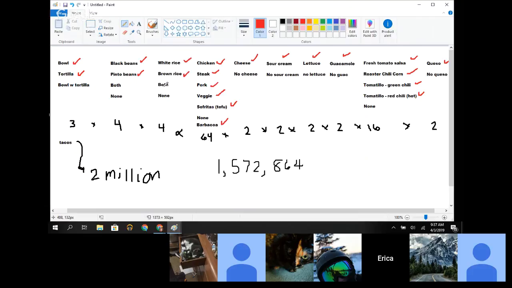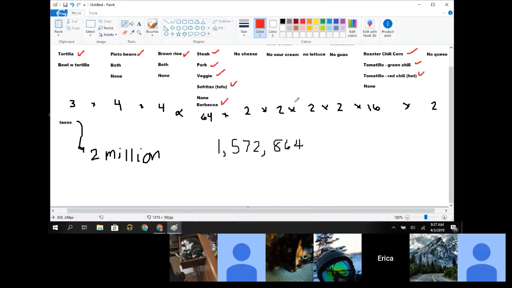Right? And so a different way that people solve this problem is that they said, well, I have 21 different menu items and I need to choose at least one to order something from Chipotle, right? I need to order something.